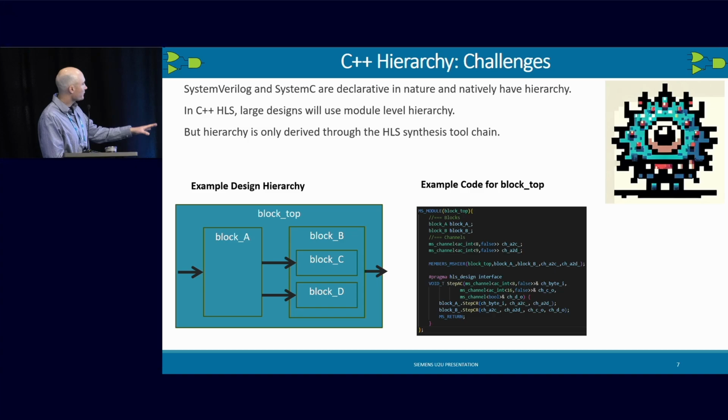I put an example here of a simple set of blocks: a top block, and then block top would have block A and block B. Block B would have block C and D. What that looks like in code from HLS designs is you generally have a class, and you call those two blocks, like block A and block B, internal to the top block, and that's how you construct hierarchy.